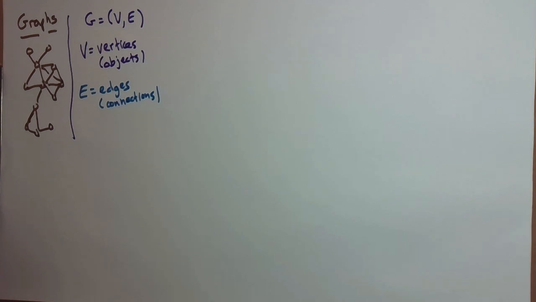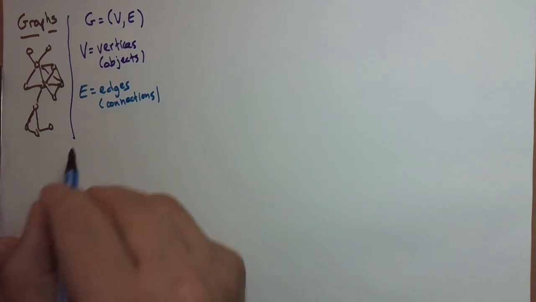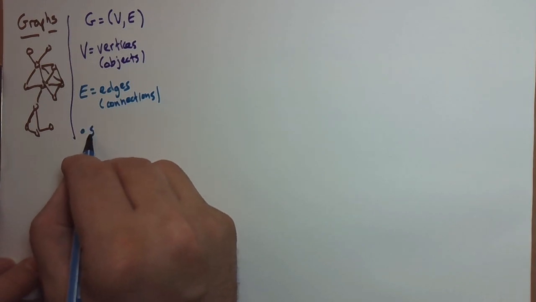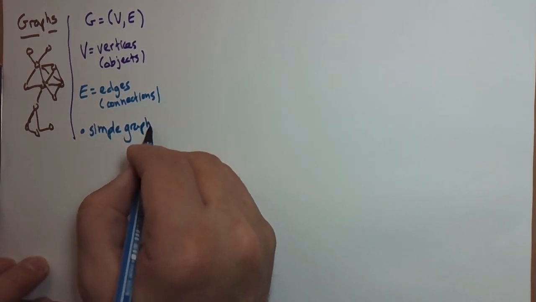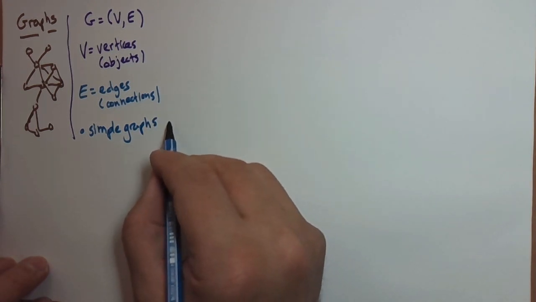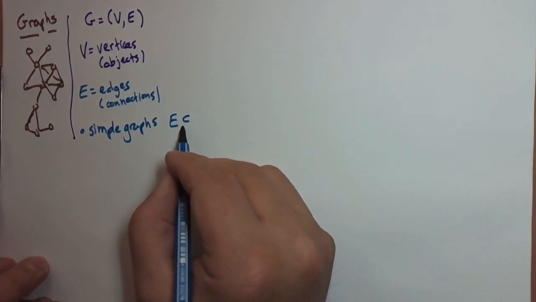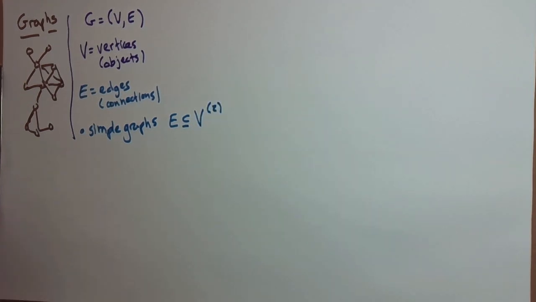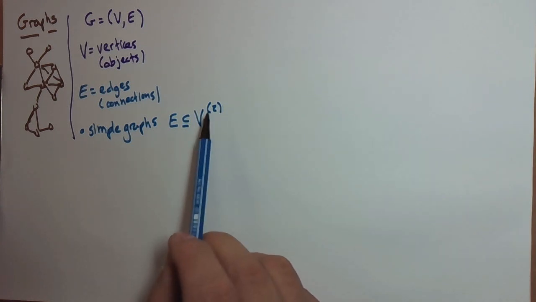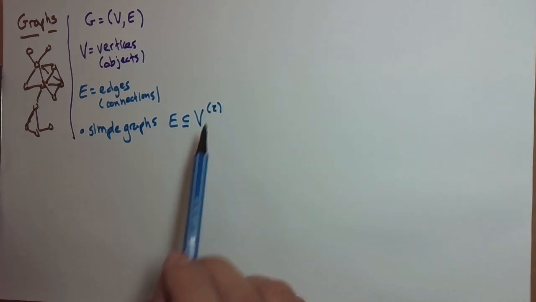As a very simple example, we'll call them simple graphs. Might as well start in the simple case. Here E is some subset of, and this is notation that might seem strange, V choose 2.